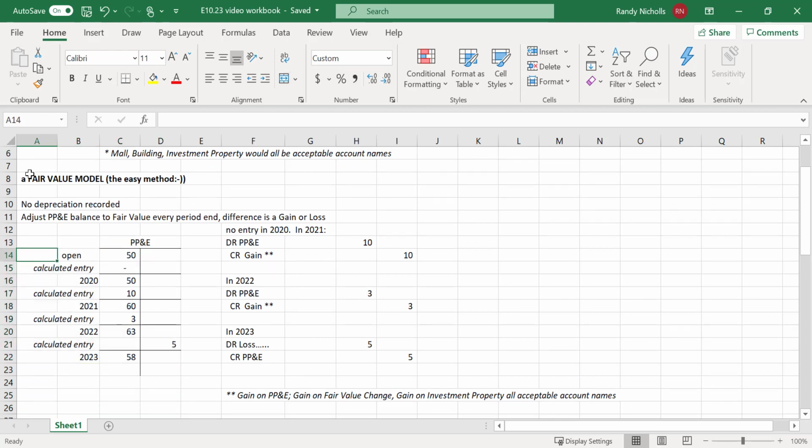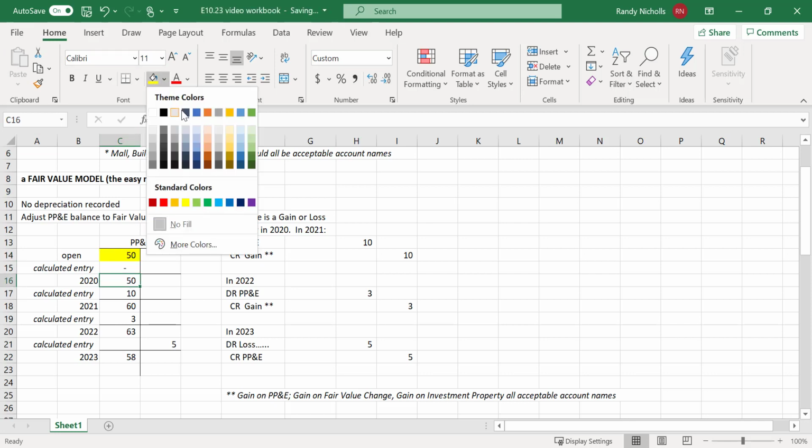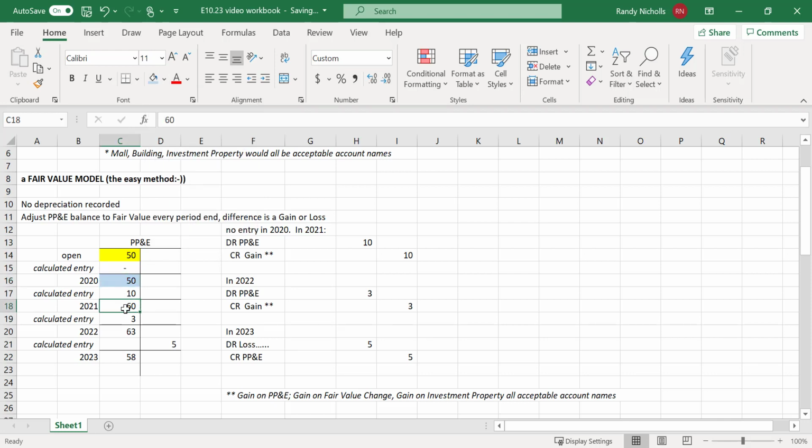I have dropped in, right, here's what we started with. Here's the appraised value at the end of 2020, so that's what the account balance needs to be at the end of 2020. And 2021, and 2022, and 2023.